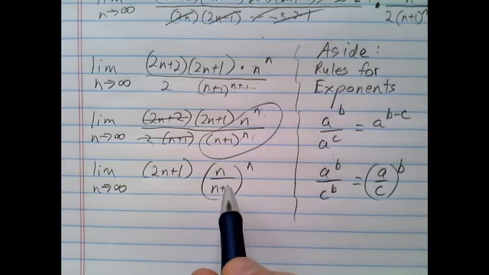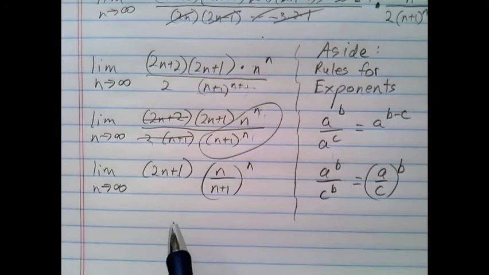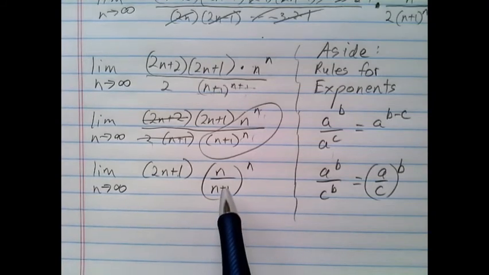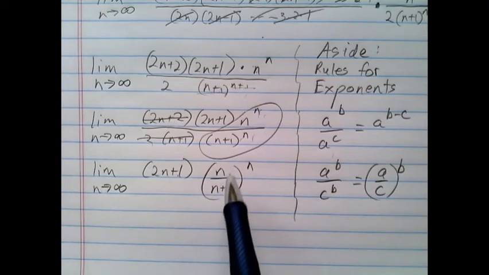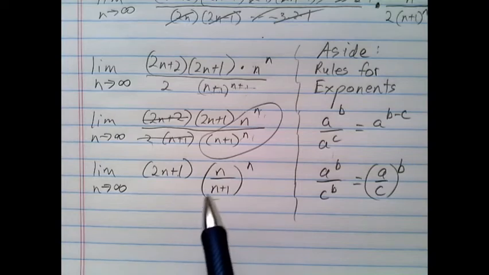This is almost the fraction raised to a power that becomes e when you send it to infinity. I say it's almost because the thing that would go to e would be n plus 1 over n rather than n over n plus 1. So it's the reciprocal of something we know what to do with.